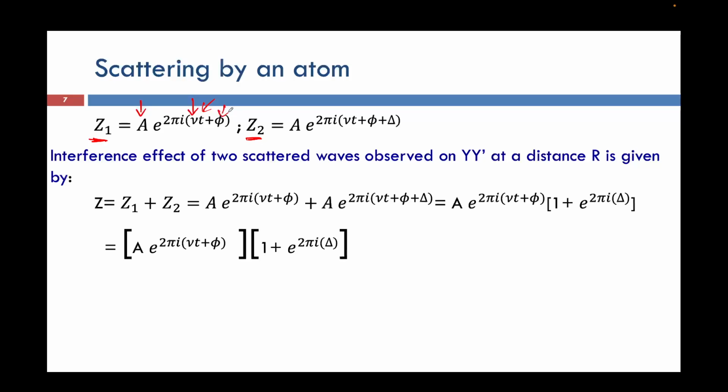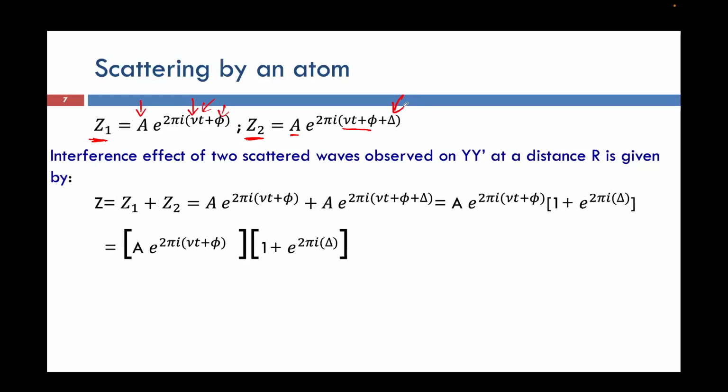I don't know the amount of that phase shift, but since I am talking about coherent scattering, I know that the phase shift will be constant throughout all the scattering phenomena. Similarly, for Z2 I take the same amplitude, e to the power 2 pi i (nu t plus phi). Here I am adding another term. Why?